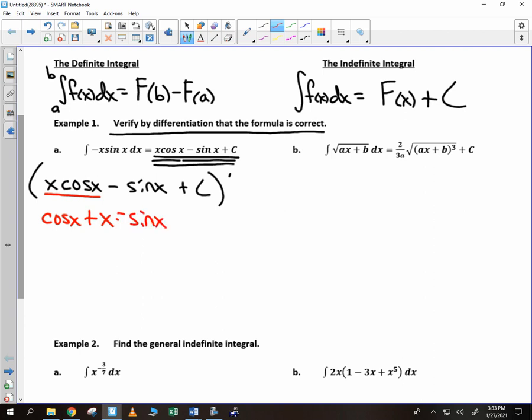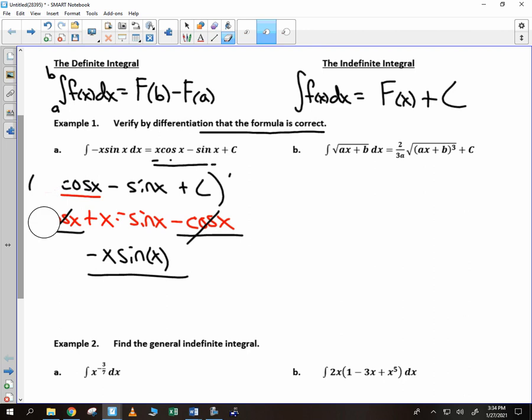And then the derivative of negative sine is negative cosine of x. And the derivative of c, it's a constant, is 0. Notice that this will combine with this, and they will, in fact, cancel. And in this situation, you end up with negative x sine of x. This is the same as that. So therefore, you verified that that is correct.